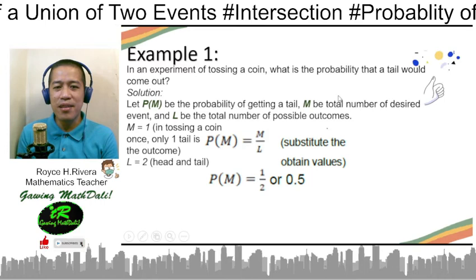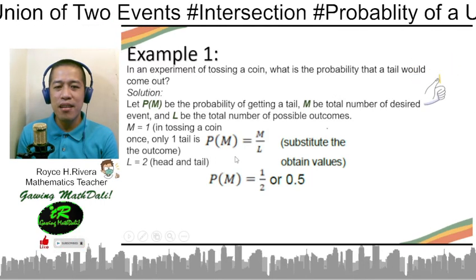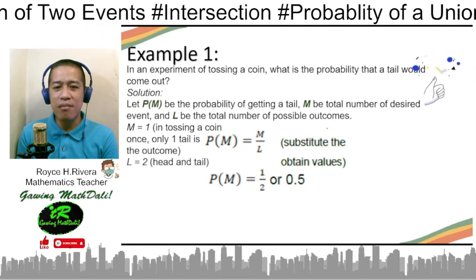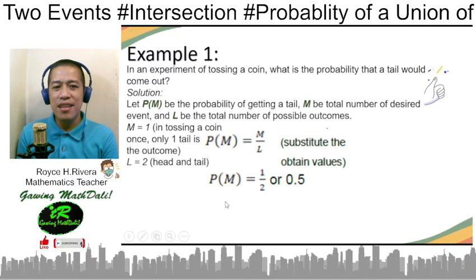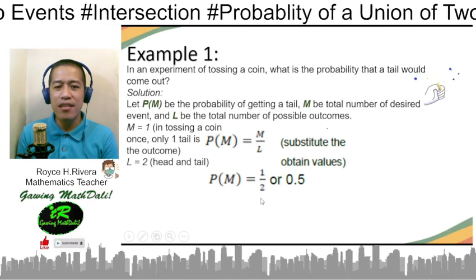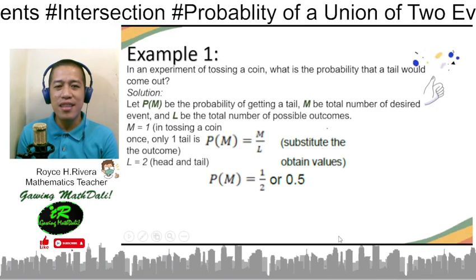Setting up the equation, we have P of M is equal to M over L. So we substitute the obtained values and we will have P of M is equal to 1 over 2, or in decimal, 0.5.